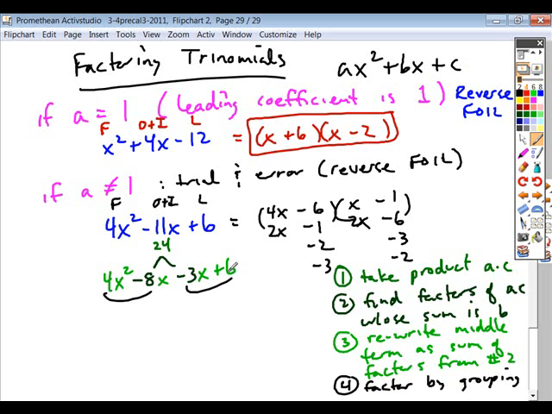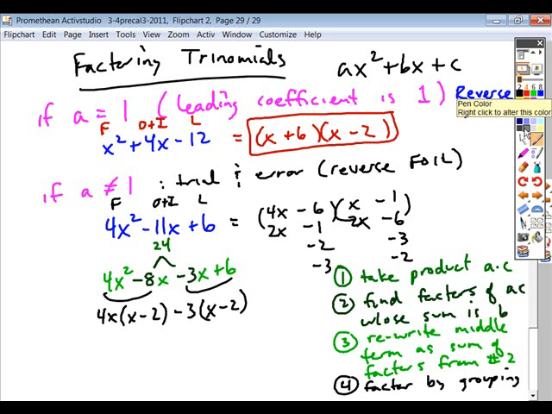So if we pair the first two terms, what common factor can I remove? A 4x, right? And that's going to leave x minus 2. And what common factor can I remove from the second pair? Minus 3, and that leaves an x minus 2.